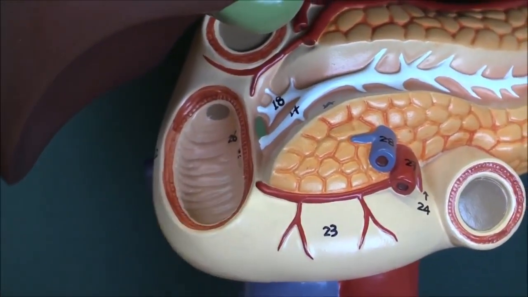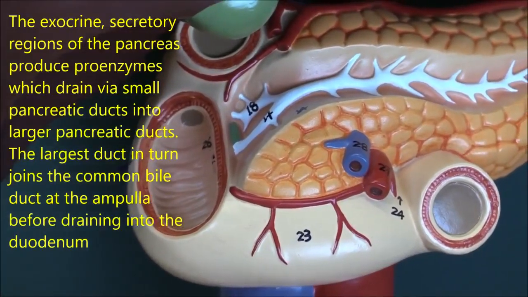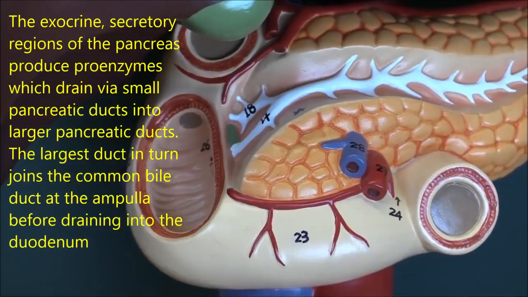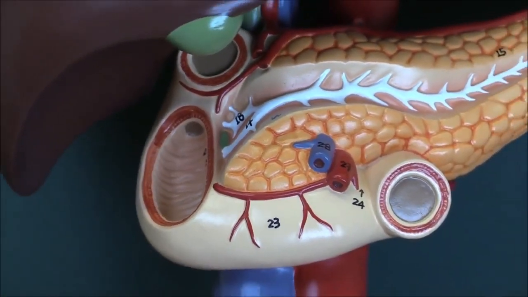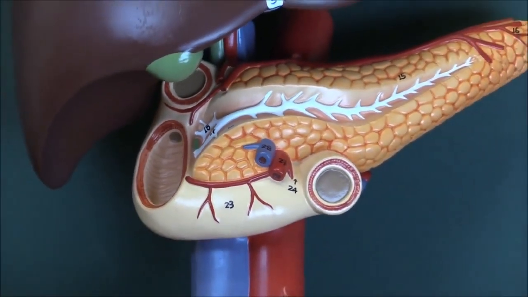Once in the lumen of the duodenum, these digestive enzymes are activated and they will digest proteins, fats and carbohydrates.